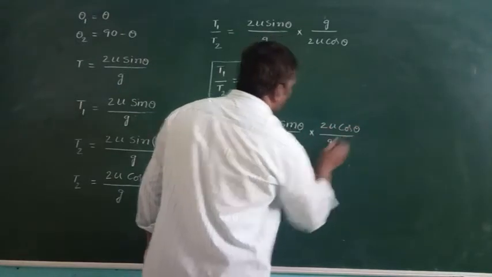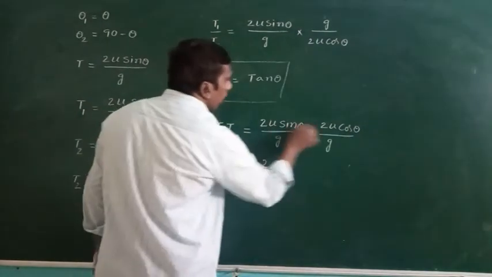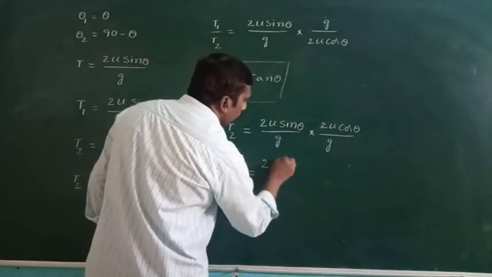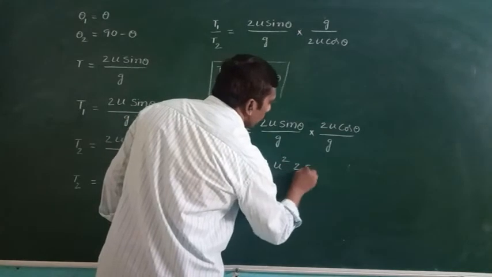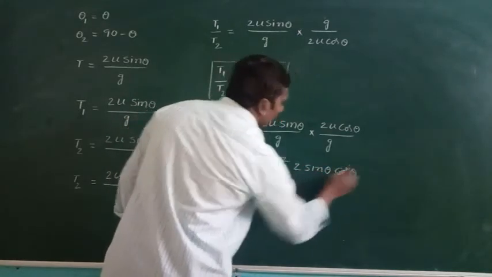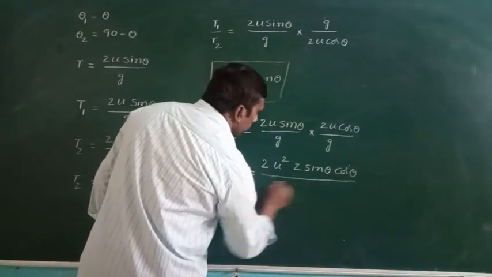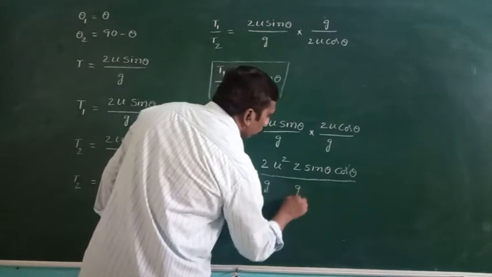So we can write this as 2 into u square 2 sin theta cos theta by g, g into g only.